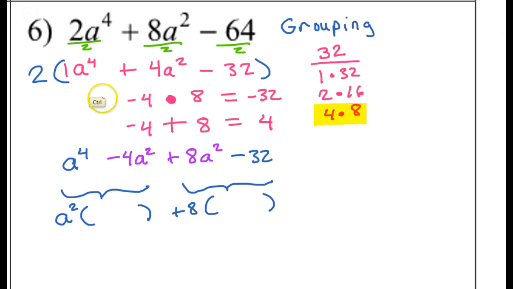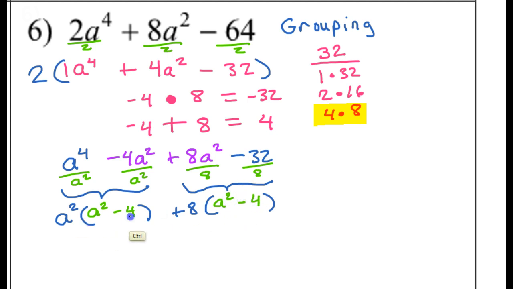So what's going to be on the inside? Well, if a squared is the GCF, that means I need to divide everything by a squared. And if 8 is the GCF, that means I need to divide everything by 8. Now if I do that, I'm going to be left with a squared minus 4. And on this side, I'm going to be left with a squared minus 4.